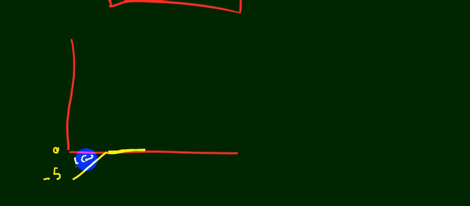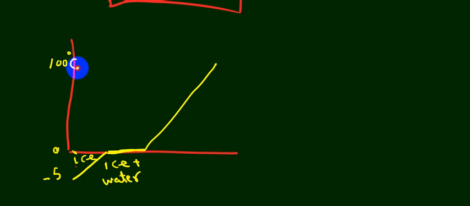So here is ice, here ice plus water, till ice changes completely into water, then the temperature increases again, till the temperature reaches 100, the boiling point. The temperature is kept constant till the whole water changes into vapor and it starts to increase again.